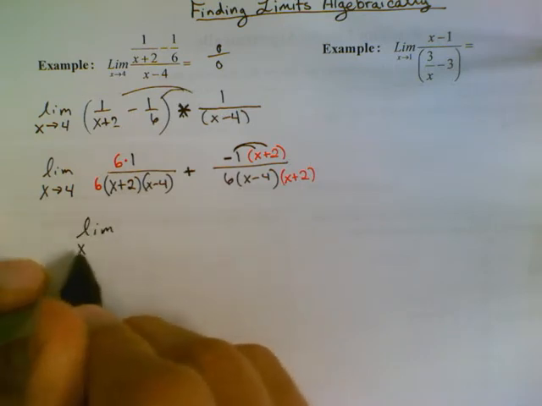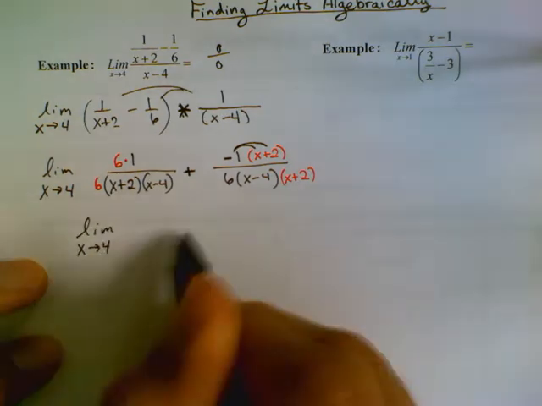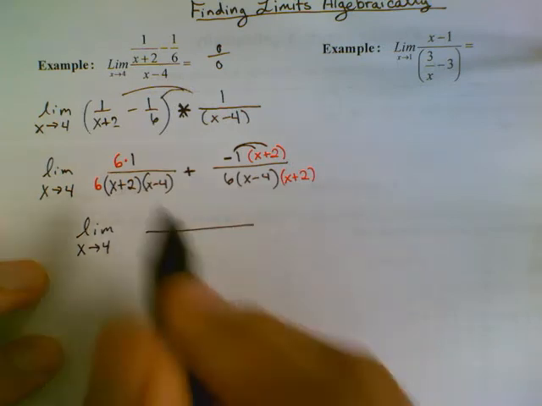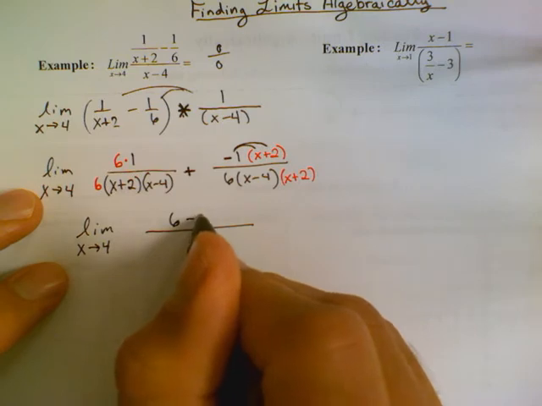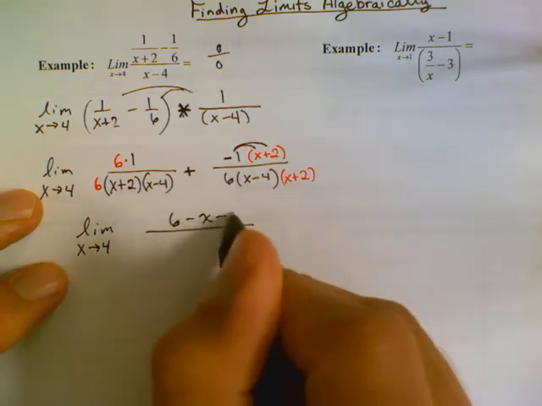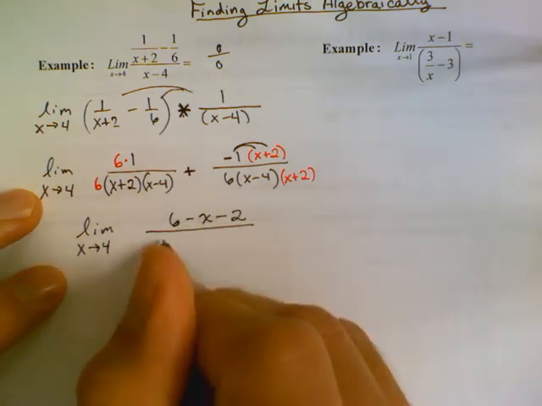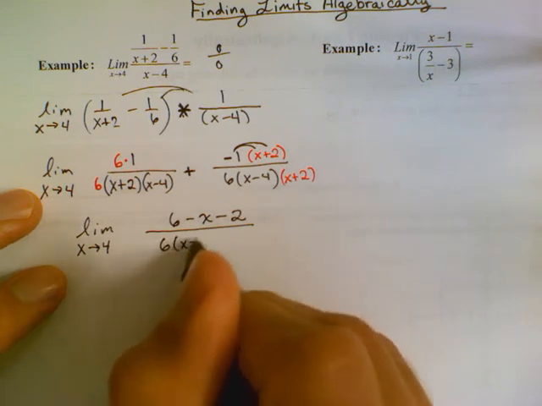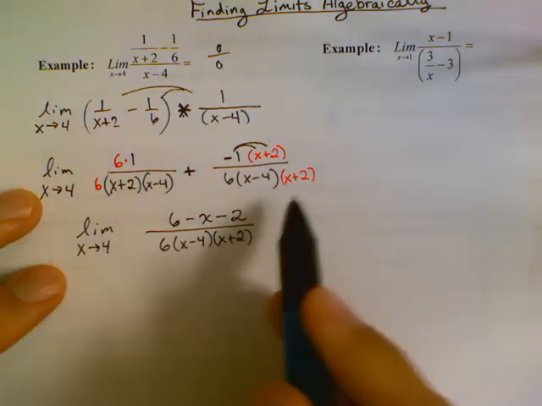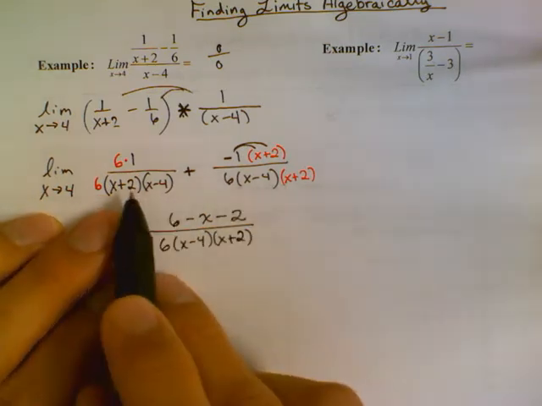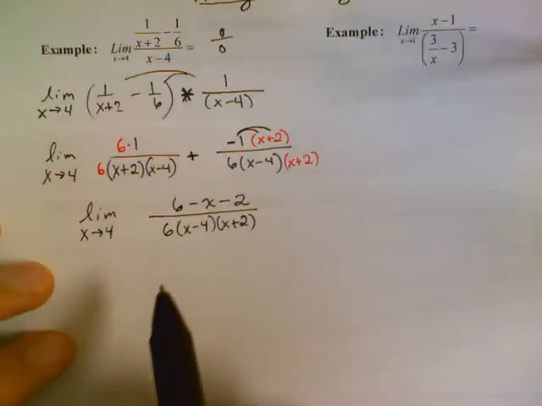So we have the limit as x approaches 4, and on top I have 6 minus x minus 2. And I'm going to rewrite my denominator. It's your common denominator. We just rearrange these factors, that's fine.